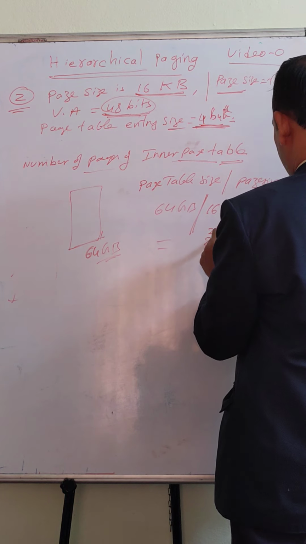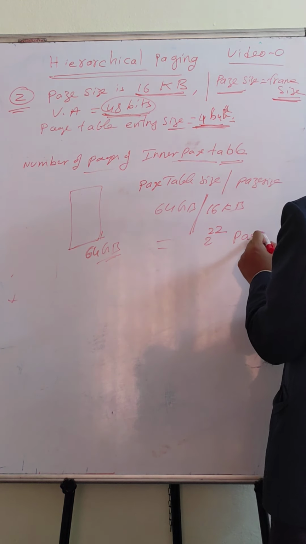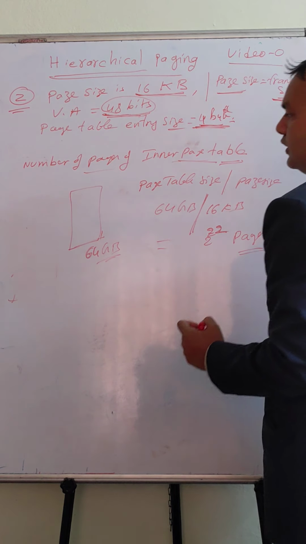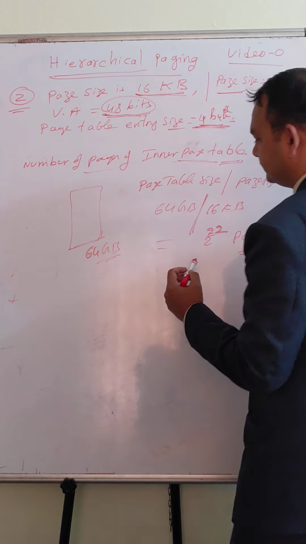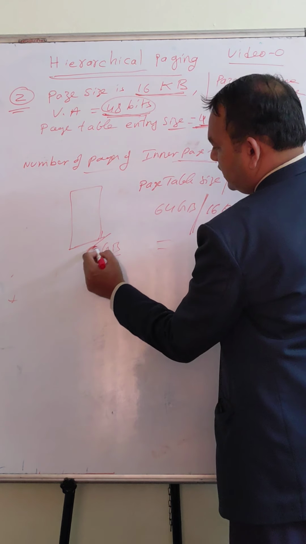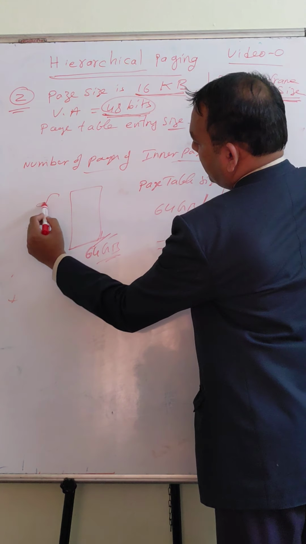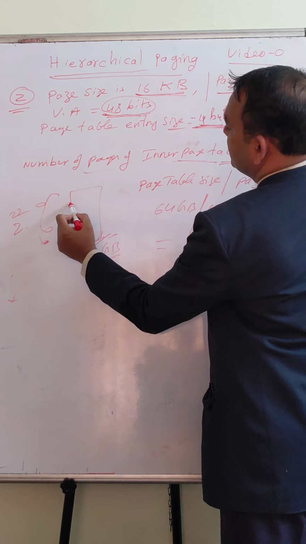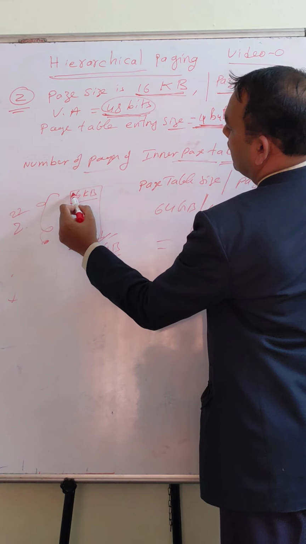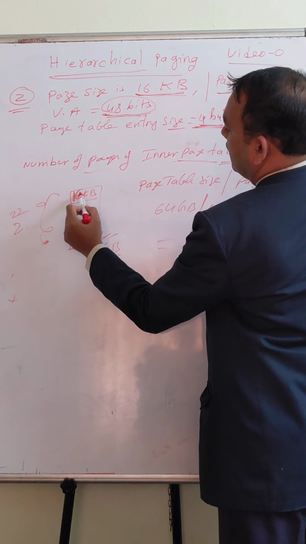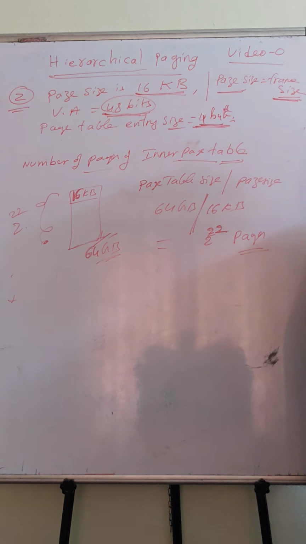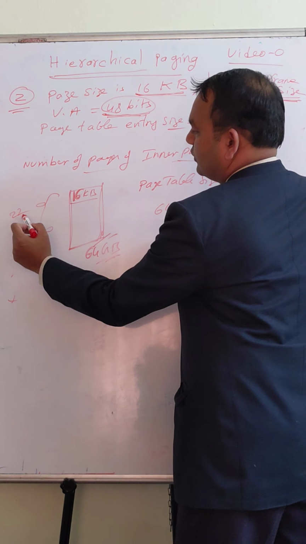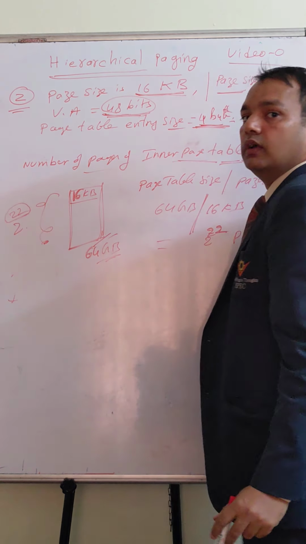2 power 22 pages. What does that mean? This is the total size. The number of pages is 2 power 22, with the size 16 KB. With 16 KB, how many pages? 2 power 22.